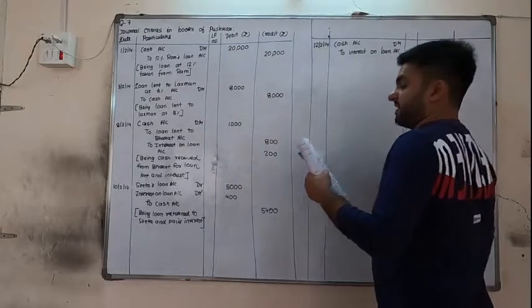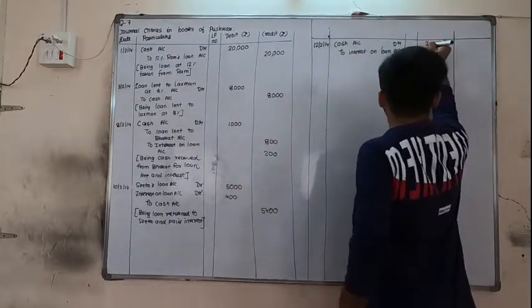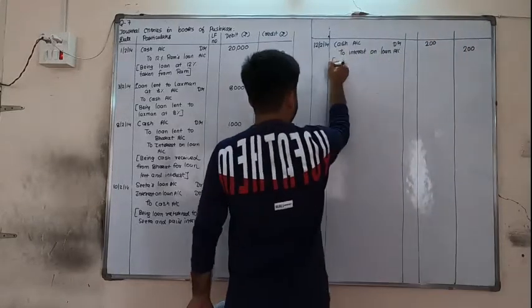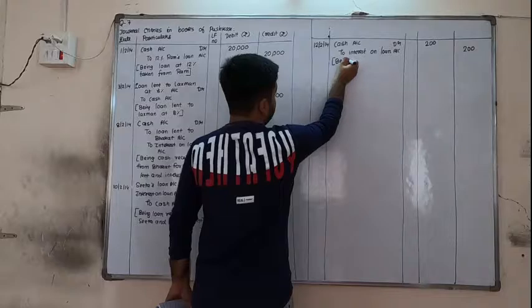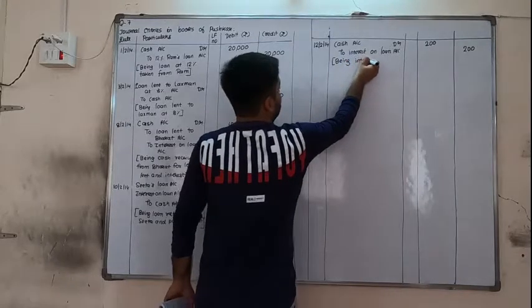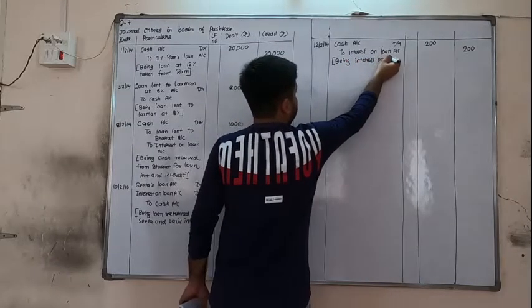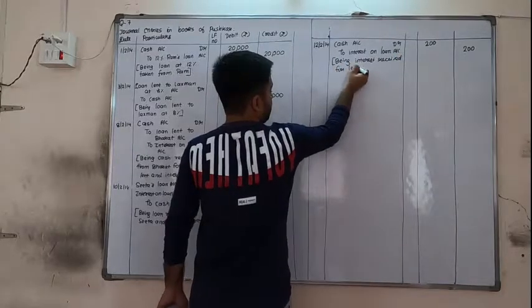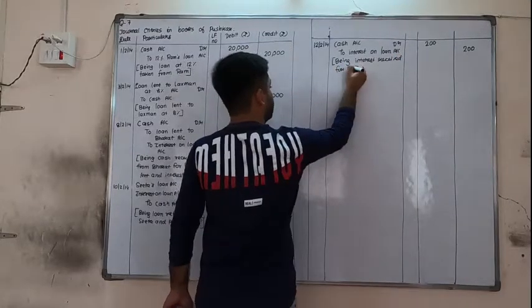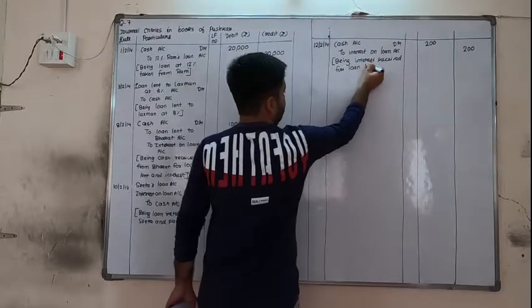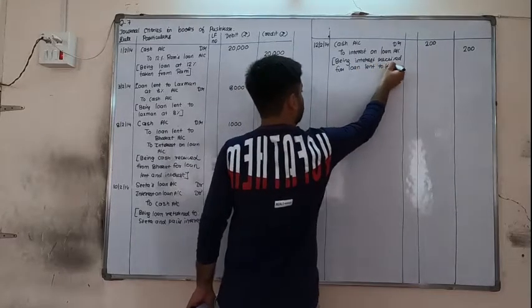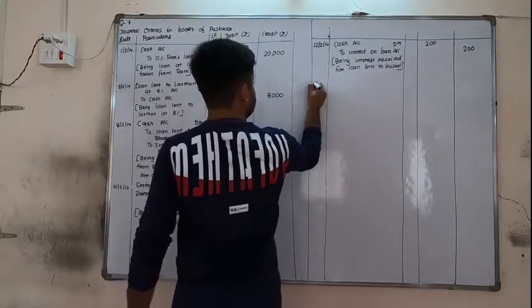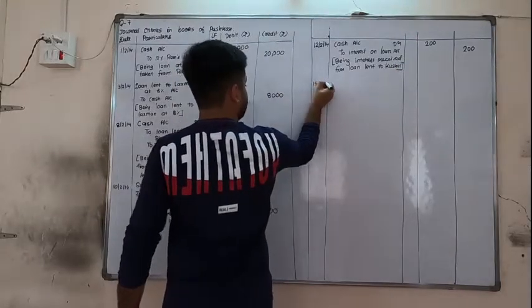Kushal's name is not required. 200. Being interest received for loan lent to Kushal.